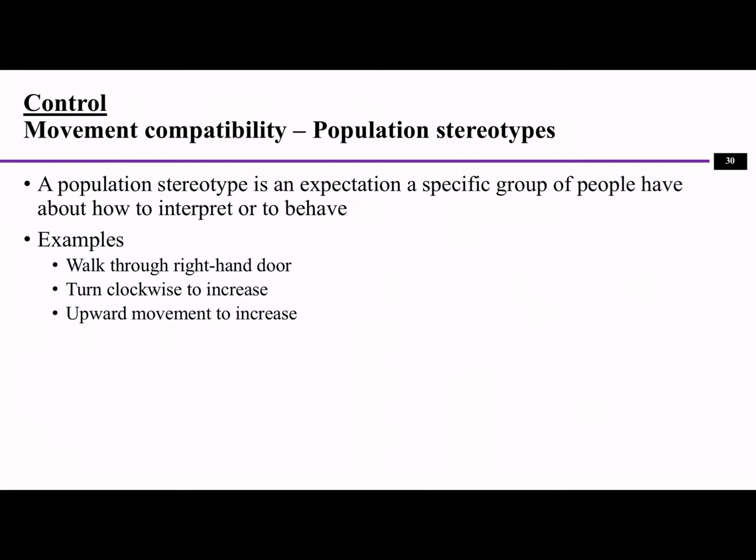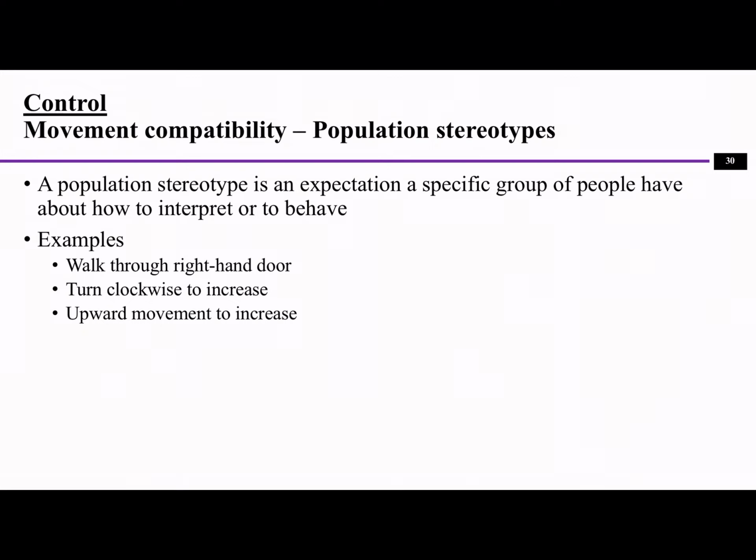So first, population stereotypes. A population stereotype is basically an expectation or a habit that a specific group of people have about how to interpret something or how to behave. For example, in most countries, people walk on the right-hand side, right?